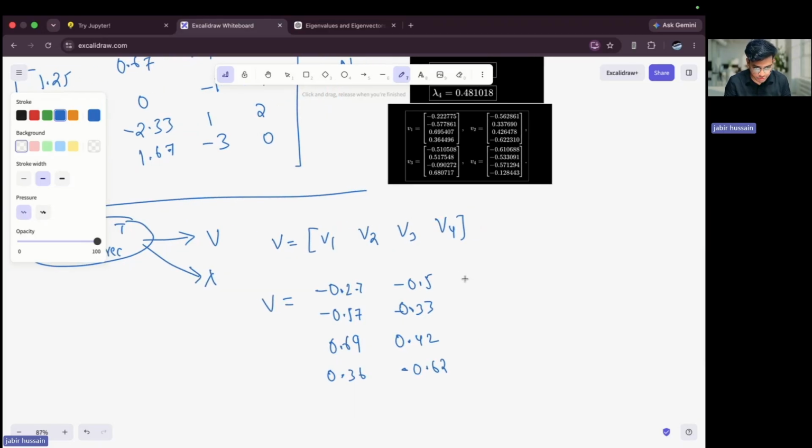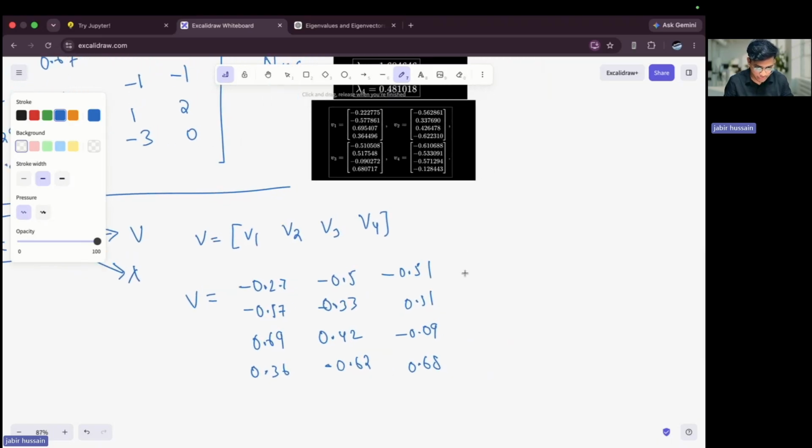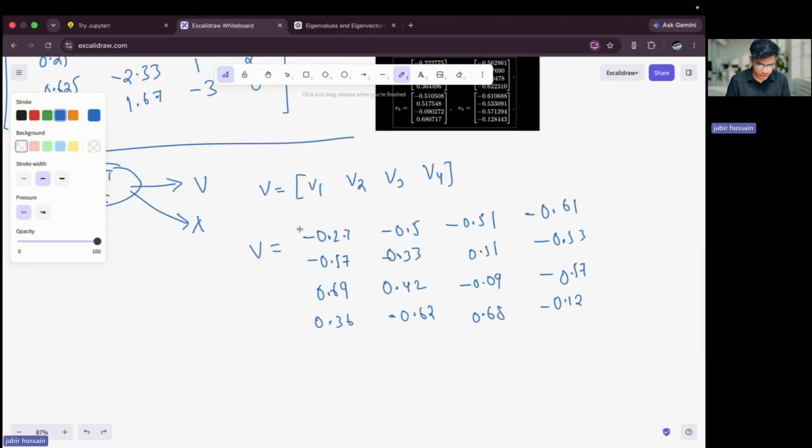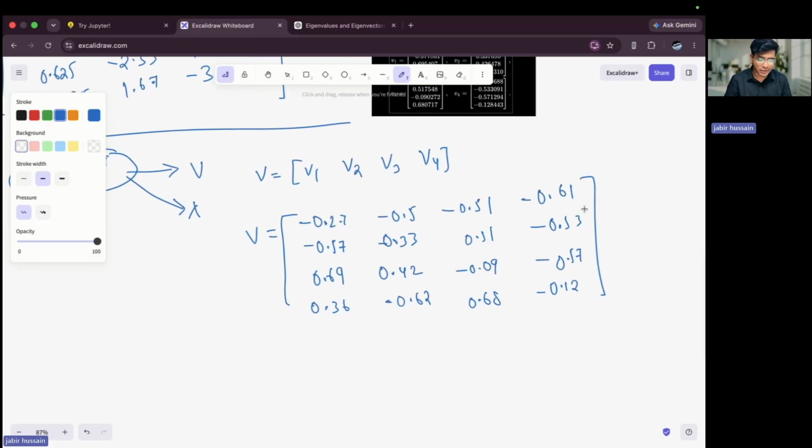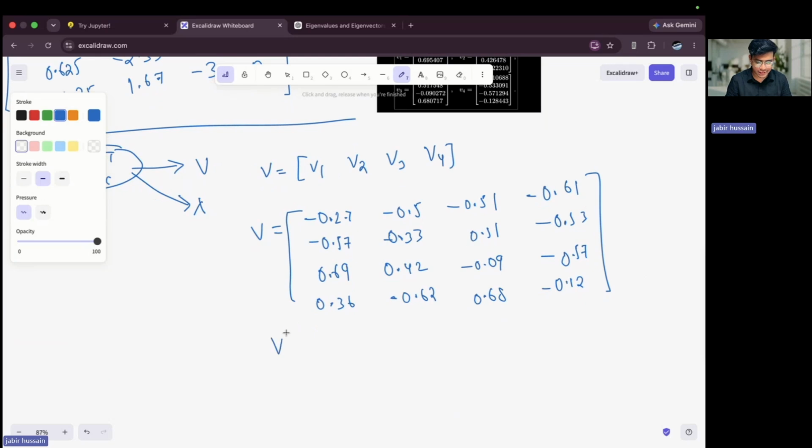Now this will be minus 0.51, 0.51, 0.09, 0.68, and finally 0.61, 0.53, and so we got our eigenvectors. Now you can find the transpose as well.